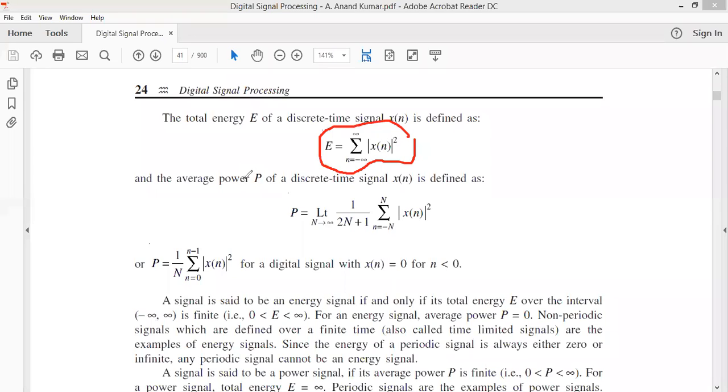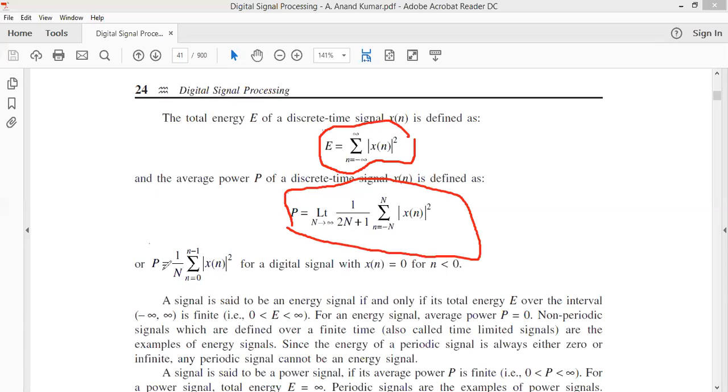And how do you find the average power? Average power can be found using the formula: power is equal to limit n tends to infinity of 1 by 2n plus 1 summation n equals minus n to n of mod x of n square. Using this we will find the power.